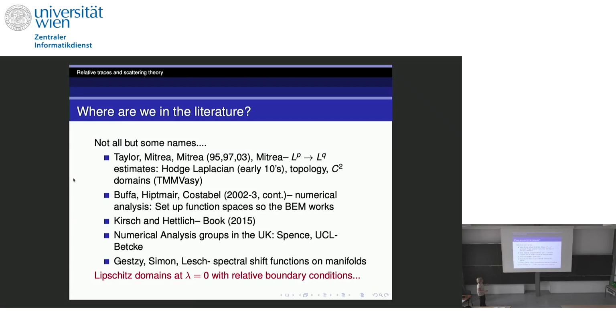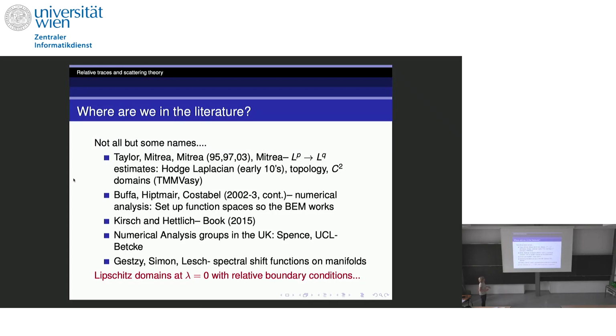They do LP to LQ estimates because they are harmonic analysts, and they also reformulate their spectral theory in terms of the Hodge Laplacian. They have several books. A lot of the information about the Fredholm theory is done in C2 domains. Some of our audience members also participated in the writing of these papers. They also have things for Lipschitz domains, but the structure was not as useful for us.